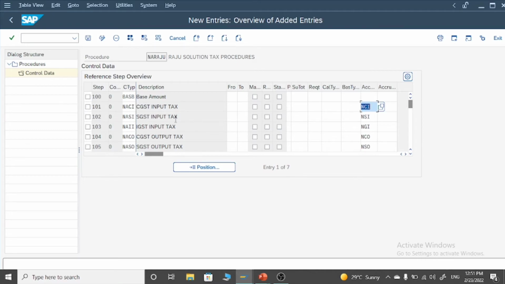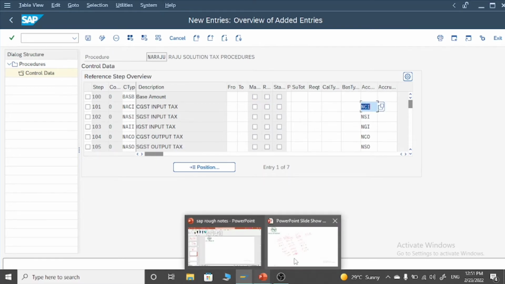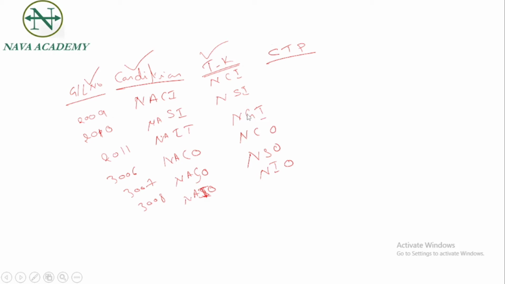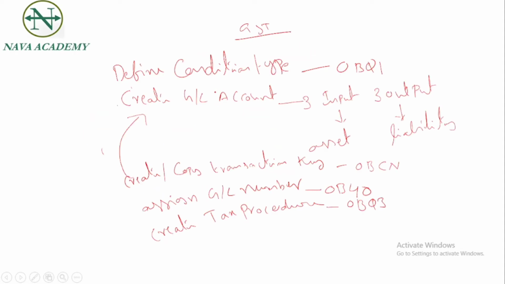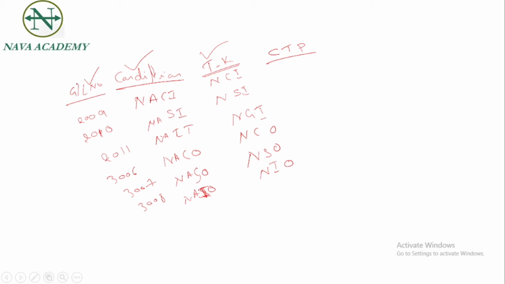See this. Here linking condition type to account key. First we linked GL number to transaction key. Now we linked condition to GL number.